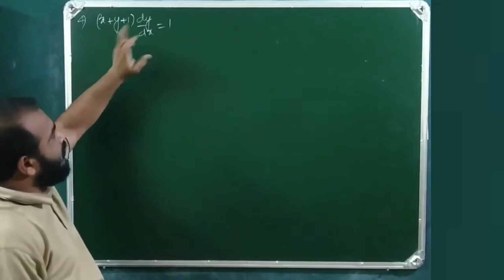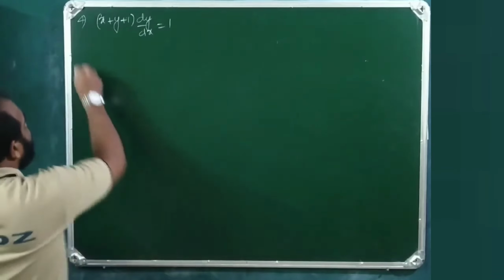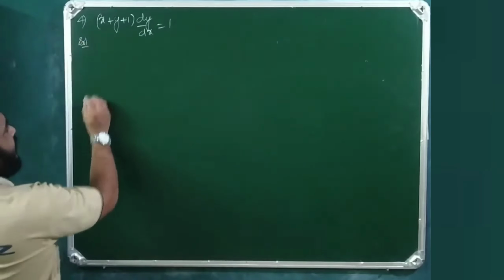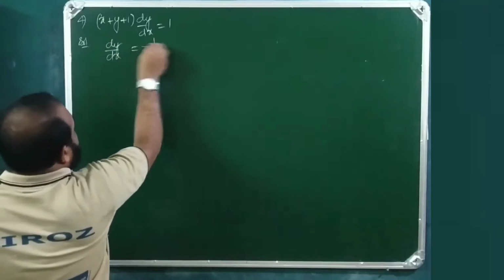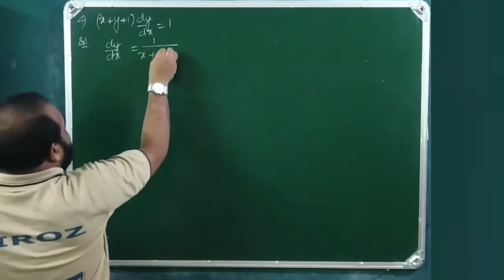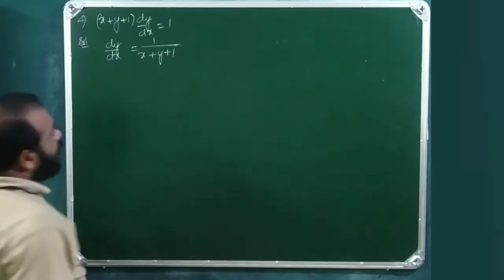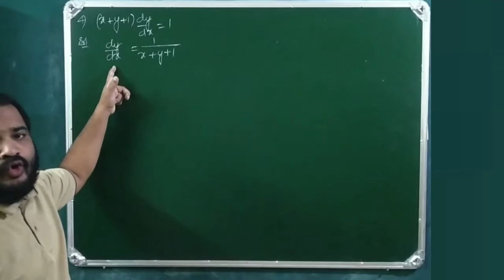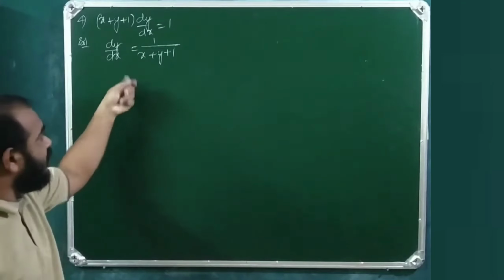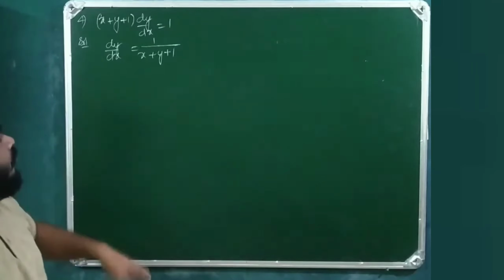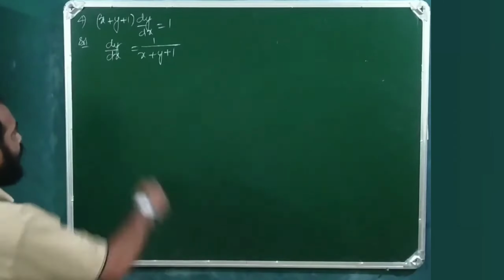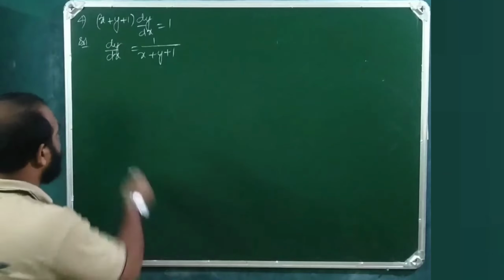Next problem: x plus y plus 1 times dy by dx equals 1. This can be written as dy by dx equals 1 by x plus y plus 1. Here the process stopped with this particular step itself. We cannot do anything, so let us reciprocate it to proceed further.